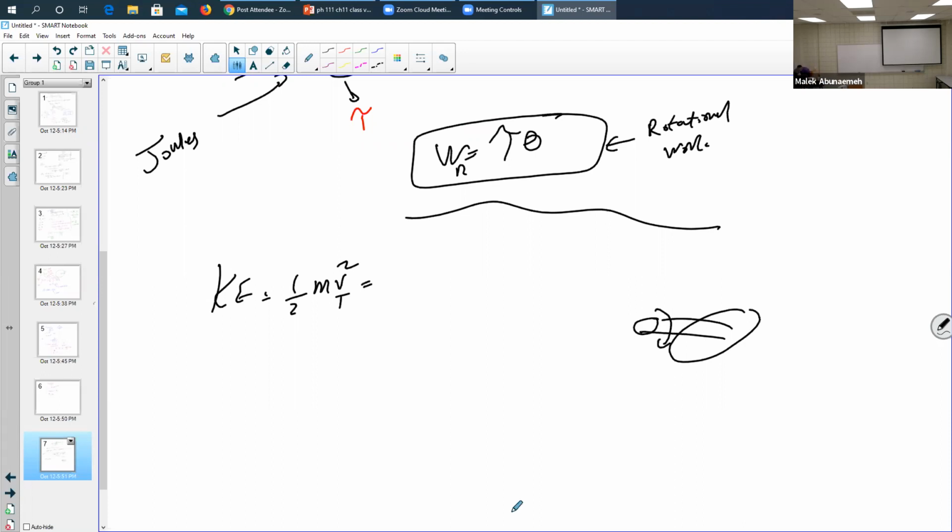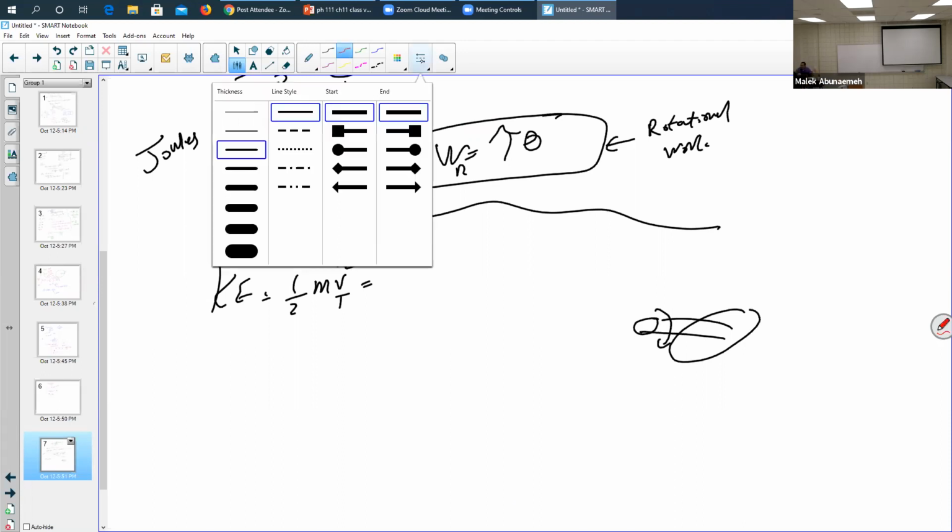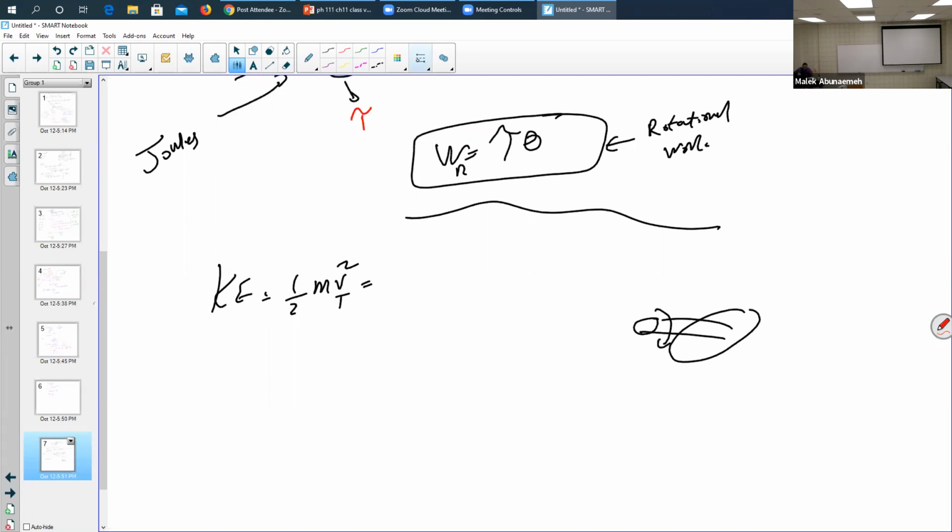Now, because it's a tangential velocity, Vt is going to equal r omega.